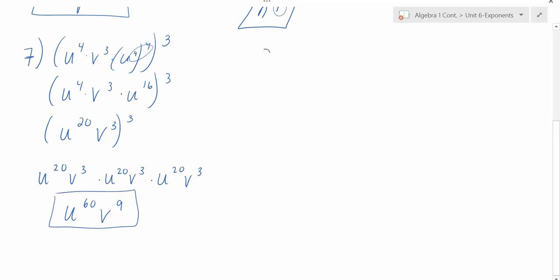Alright, number 8. 2a squared b to the 4th all raised to the 3rd power times ba to the 4th, as we multiply this out 3 times.